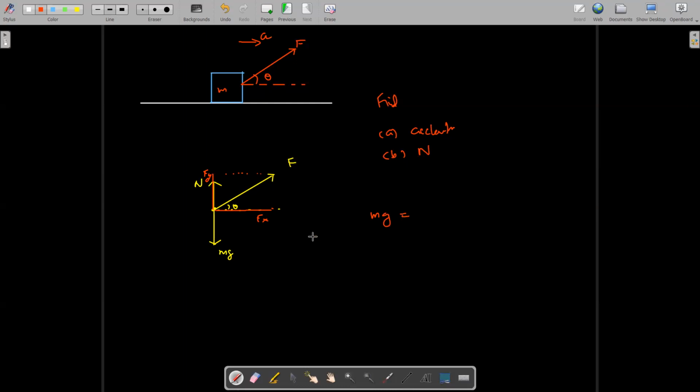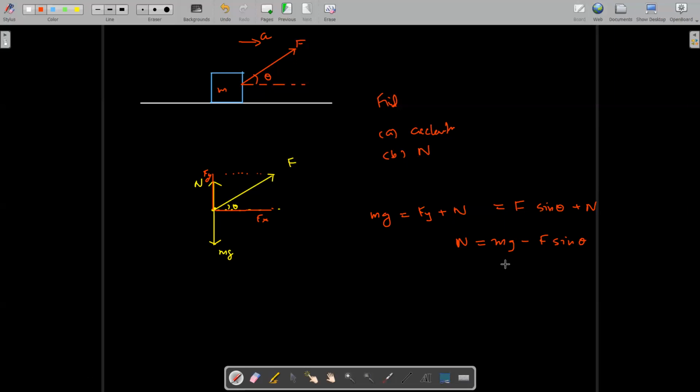That is, we will get mg equals Fy plus N. Fy, in other words, is F sine theta, right? So mg is F sine theta plus N, or we can write N equals mg minus F sine theta, right? And this is N. Okay. That's how you equate the vertical components, that is the components in the y direction.